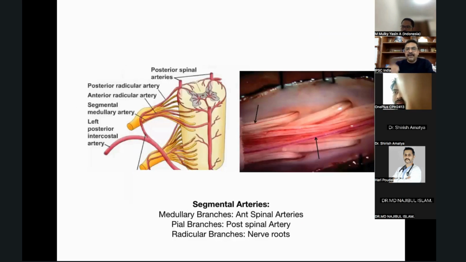Once these spinal arteries go inside, the segmental arteries basically divide into three branches: the medullary branches, which supply the anterior spinal artery; the pial branches, which are the reinforcement branches supplying the posterior spinal arteries, so arteries supplying the arteries; and the radicular branches, which supply the roots of the nerve roots over here. So this is the arrangement of the arterial system within the foramen and inside the canal.